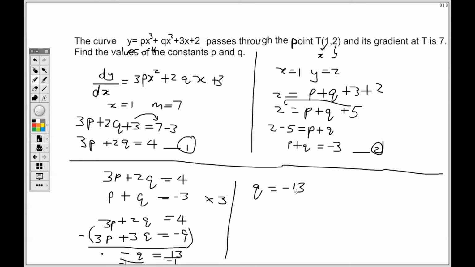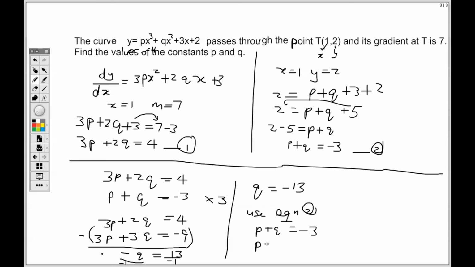Now, after having this, I can go ahead and find p. I will be using equation 2. And you could have used equation 1, but my decision is just to use equation 2. And I just replace q with minus 13 and transpose.